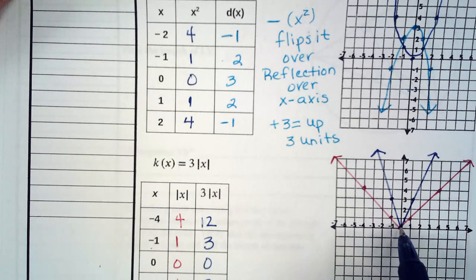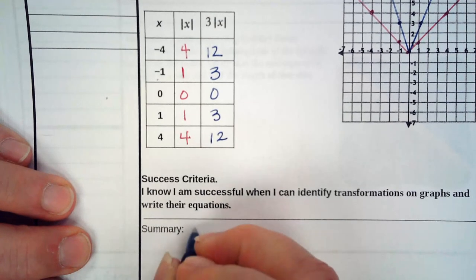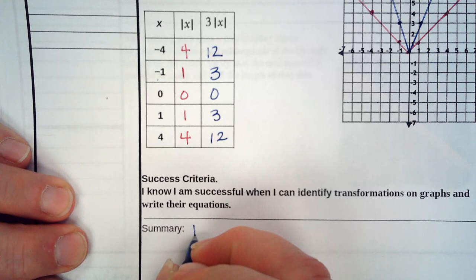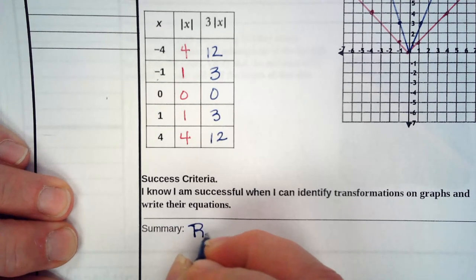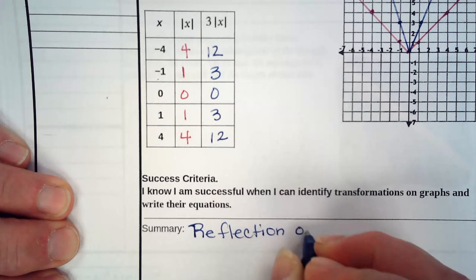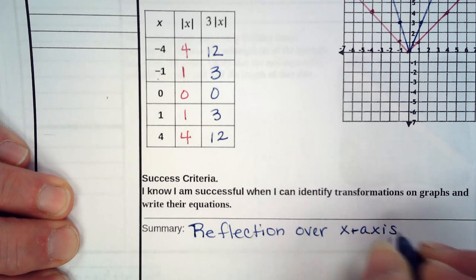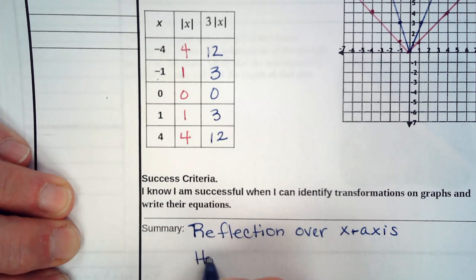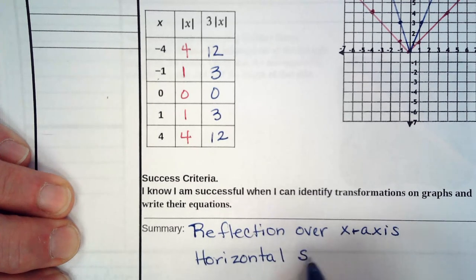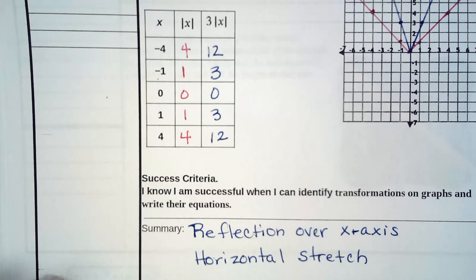And when we multiply, it makes a stretch. So those are the 2 new ones. We'll look at a horizontal compression next time.